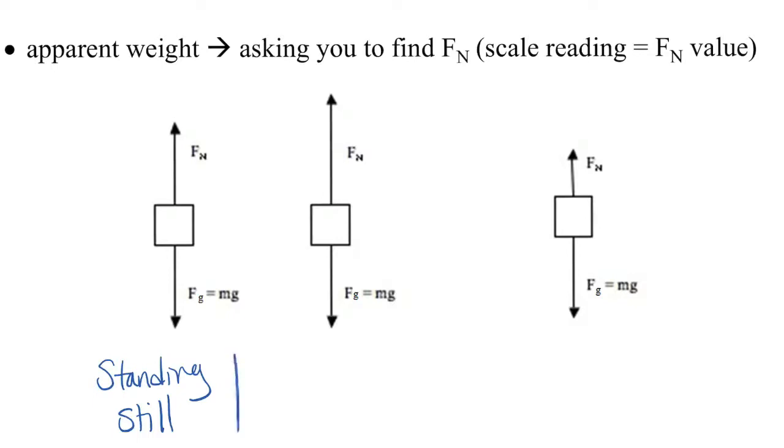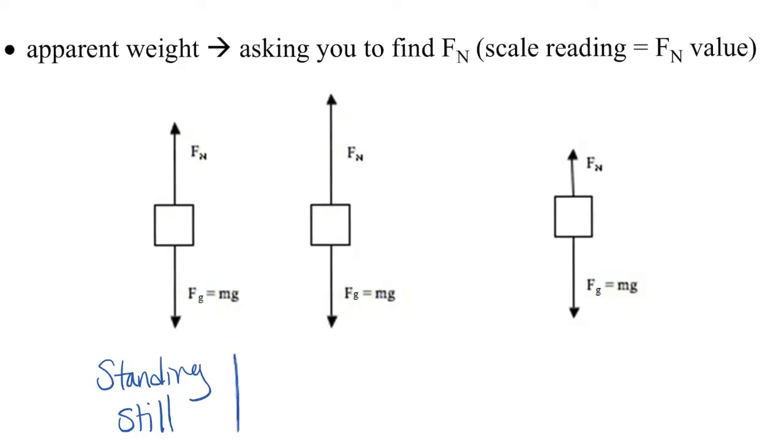So what's this next one looking at? So we have a normal force that's larger than our gravitational force, okay? So I want to know, what's happening with the elevator at this point. Well, think about the fact that whichever direction the greater force is, that is the direction of the acceleration.